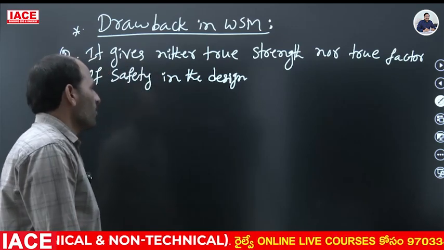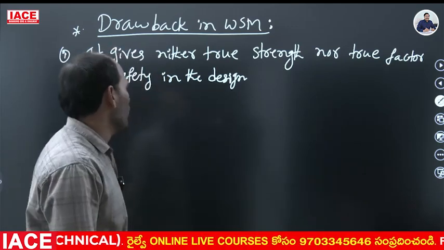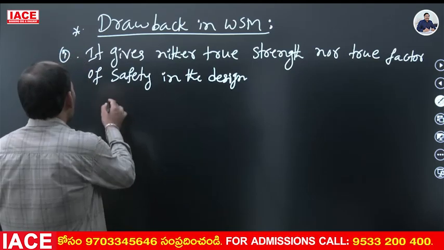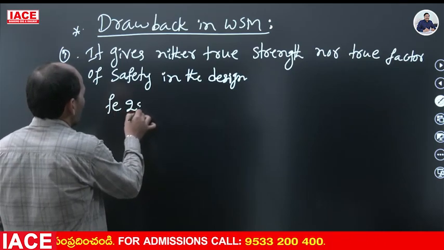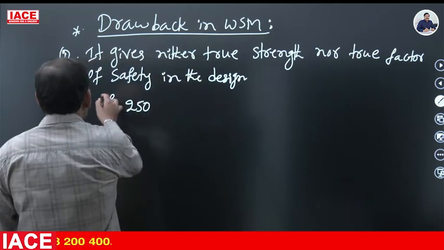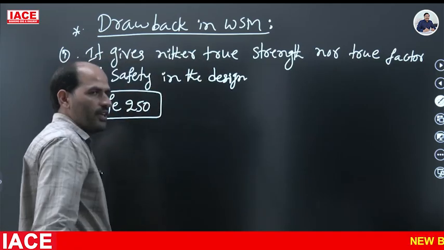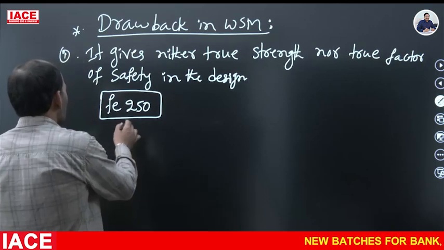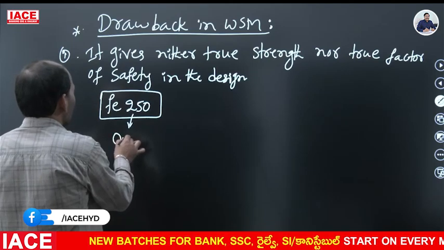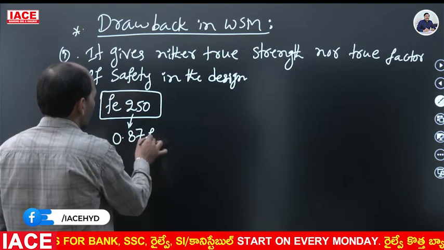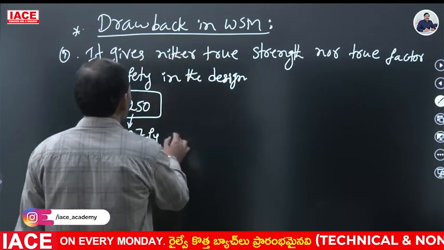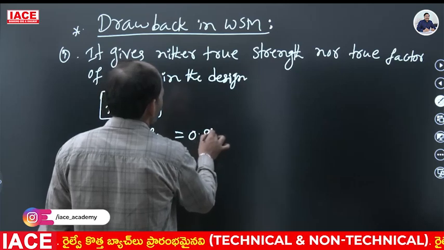From the experiments point of view, if you take Fe 250 grade of steel and determine the yield stress, that is 0.87 times Fy.